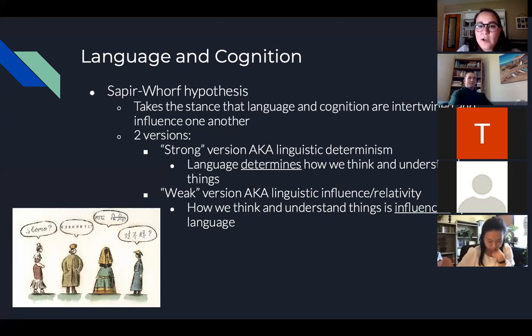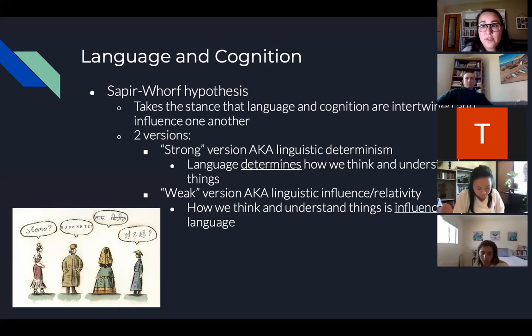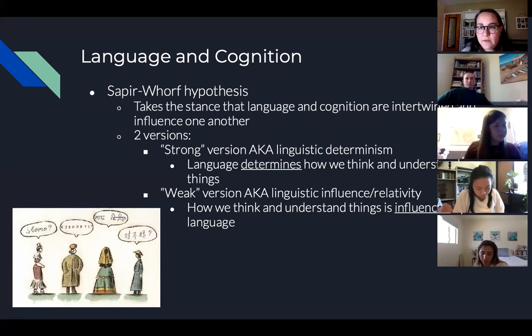So we're going to talk about that, but that's a great point, because that's often a criticism that's been brought up against this strong version of the Sapir-Whorf hypothesis. And that takes me to my next point: there is no empirical evidence that supports the strong version in and of itself.